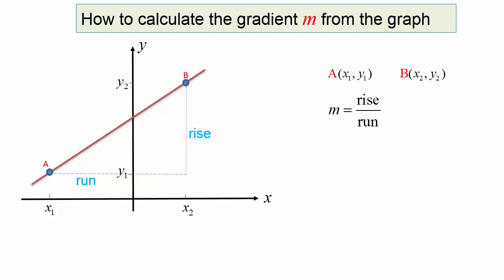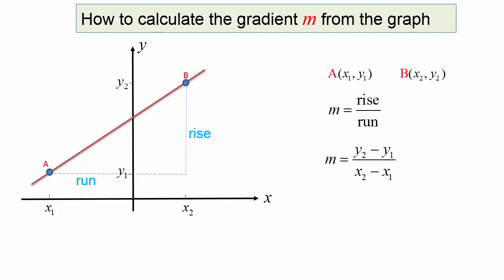That means if we know the two values, the rise and the run, we divide them, we take the ratio, and the result is the gradient of the straight line. And using the values x1, y1, x2, y2, the coordinates of the points A and B, we can write the gradient rise over run as m equals y2 minus y1 over x2 minus x1. So the run is x2 minus x1 and the rise is y2 minus y1.